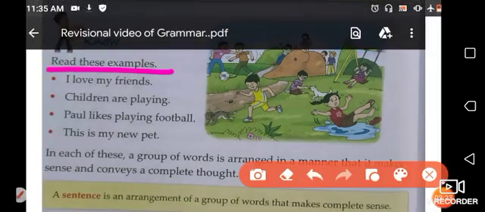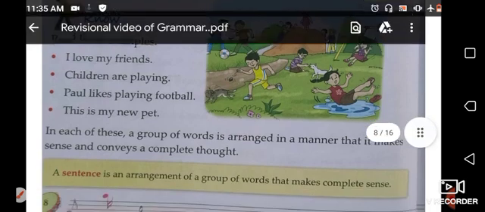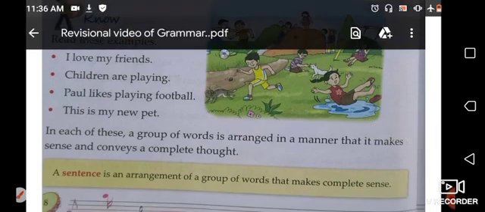Here some examples are given for you to read. But before moving on to the examples, let's go through the definition of a sentence. What is a sentence?